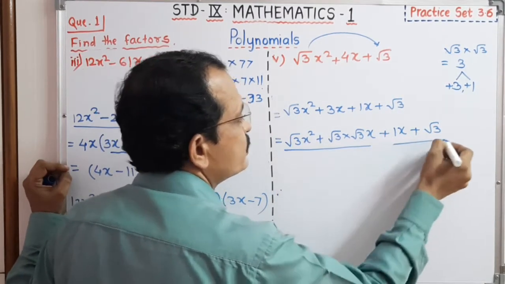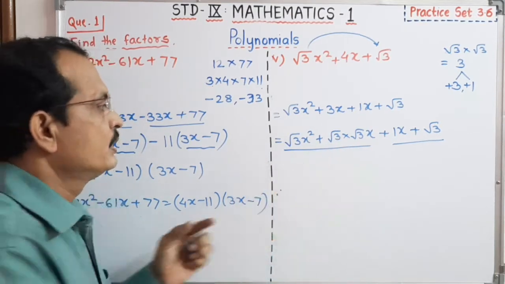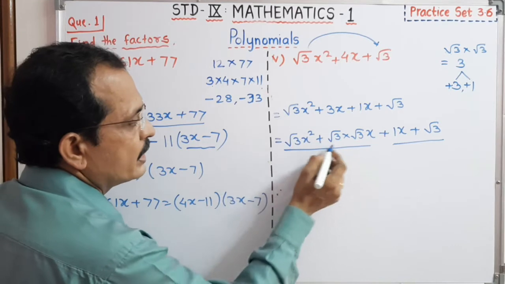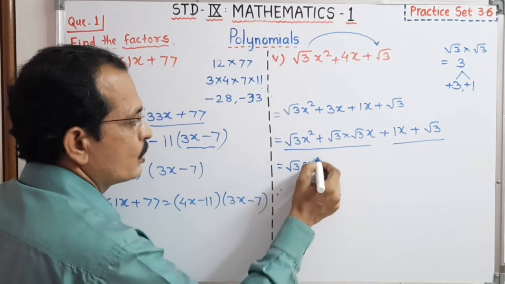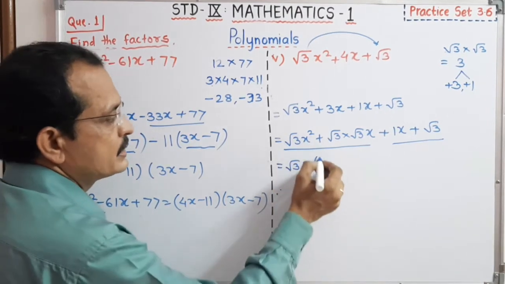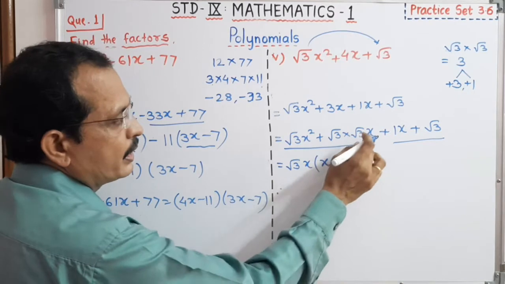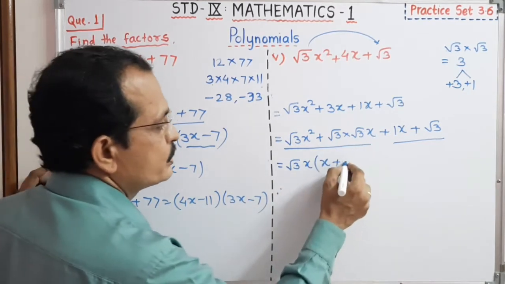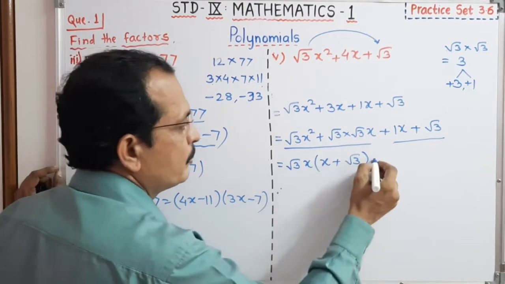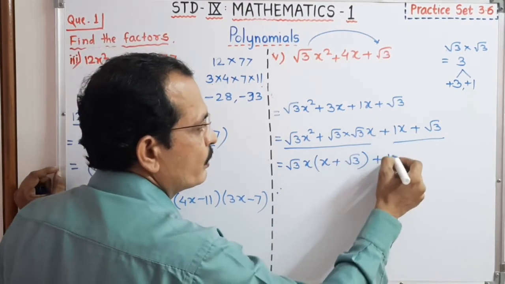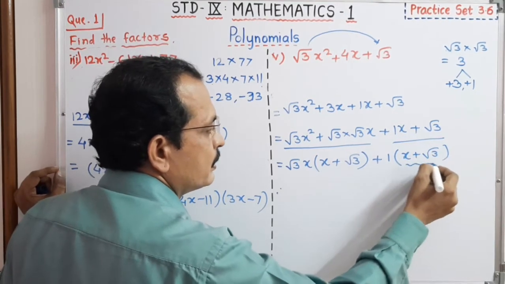Now this will help us to find the common factors. Therefore dear student, root 3 is there, root 3 is there, therefore we take root 3 and x as common. Here it is x plus this root 3 we take out common. Therefore what will remain? It is root 3. This x we are also taking common. Plus from this we have to take 1 as common. Therefore x plus root 3. Got it?